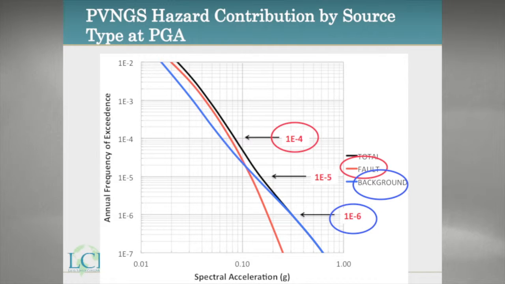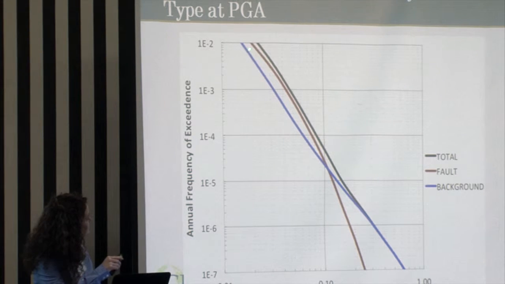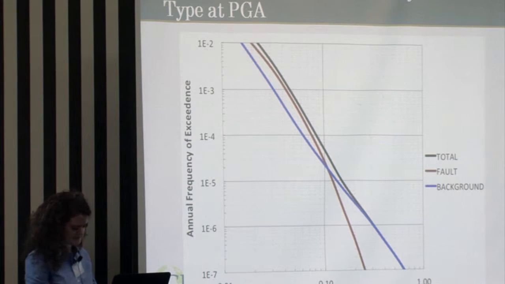On the y-axis is the annual frequency of exceedance, and on the x-axis is the spectral acceleration from 0.01 g to 1 g. The solid black line is the total hazard curve, and the solid red line is the contribution to the total hazard for fault sources, and the solid blue line is the contribution to the total hazard for background sources.